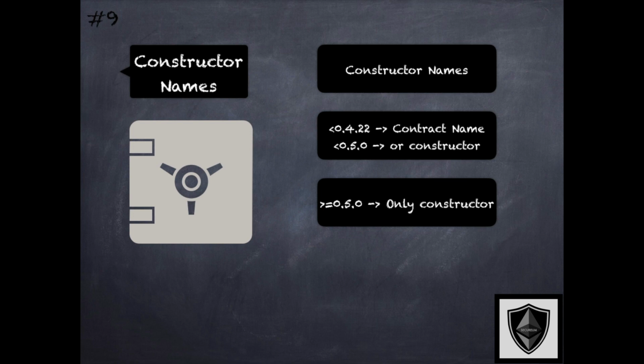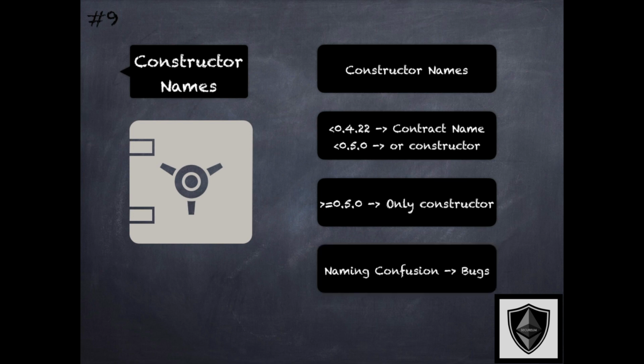Also, the flexibility between allowing both the old style and the new style constructor names caused security issues because there was a precedence that was followed if both of them existed. So this constructor naming confusion has been a historical source of bugs in Solidity smart contracts, and this is not a concern anymore.